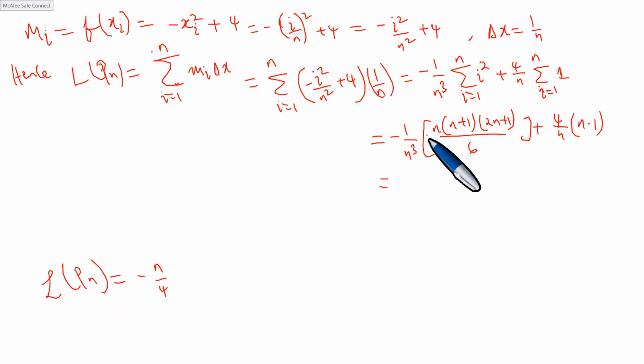So the n divides here, giving minus n plus 1 into 2n plus 1, over 6n squared, plus 4.